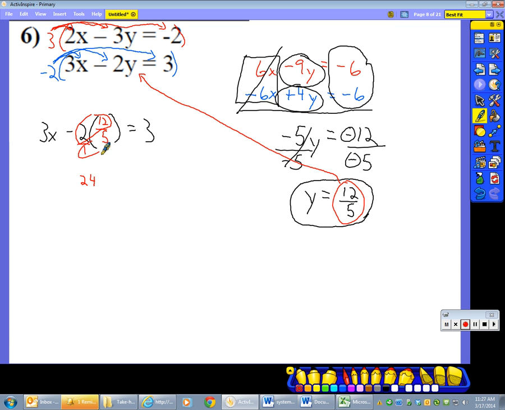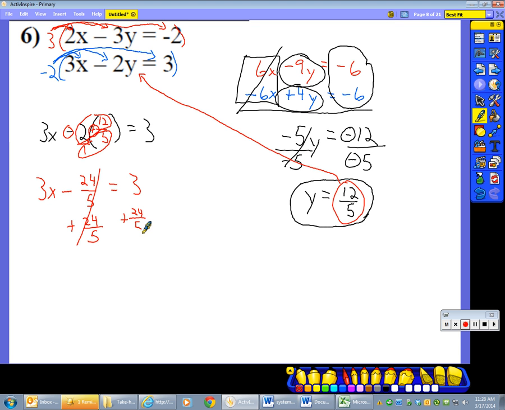And 1 times 5 gives me a 5. This is a negative times a positive, so that's going to give me a negative answer. So now my equation looks like this: 3x minus 24 over 5 equals 3. I'm going to add 24 over 5 to both sides, because that's the opposite of subtracting it.